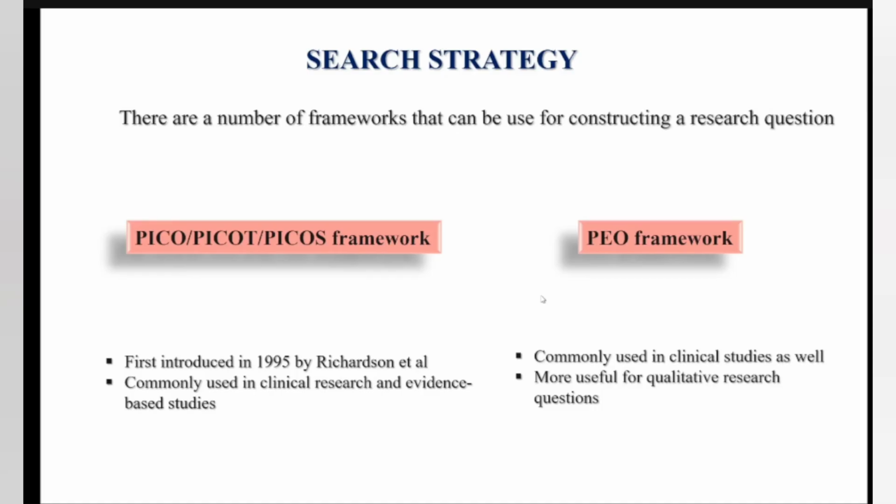Now, the other framework is the PEO framework, where P means population, as we have defined earlier, E means exposure, and O is the outcome.